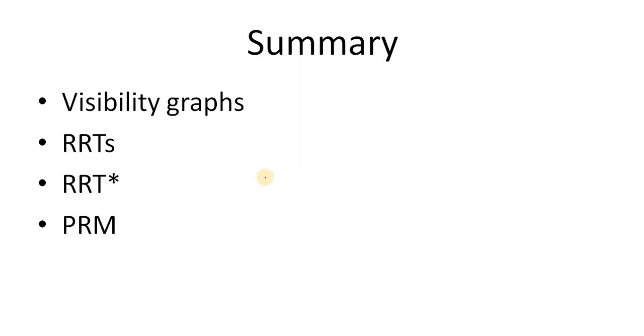One of their specialties is that they require an exact representation of your configuration space. They don't require making cells or further nodes. But they are difficult to implement. That's why we don't use them often.